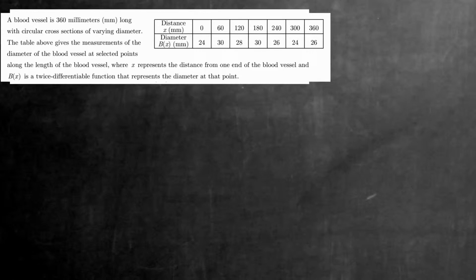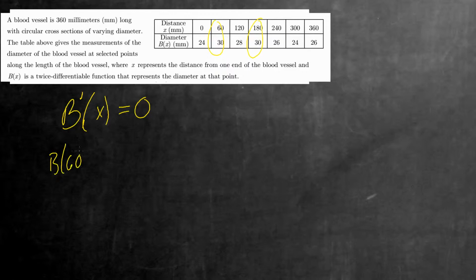So b prime somewhere has to equal 0. And what I'm going to say is, because b of 60 and b of 180 are equal, somewhere in between 60 and 180, b prime of x had to equal 0.